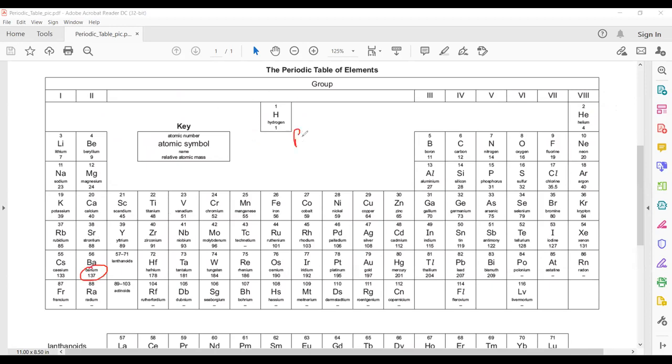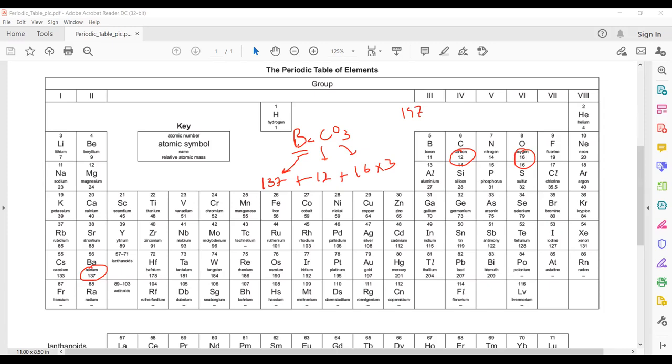Because we want the total mass, the molecular mass of barium carbonate: barium is 137 plus carbon is 12 plus oxygen is 16, multiplied by 3. So 16 multiplied by 3 is 48, plus 12 is 60, plus 137. The total will be 197.